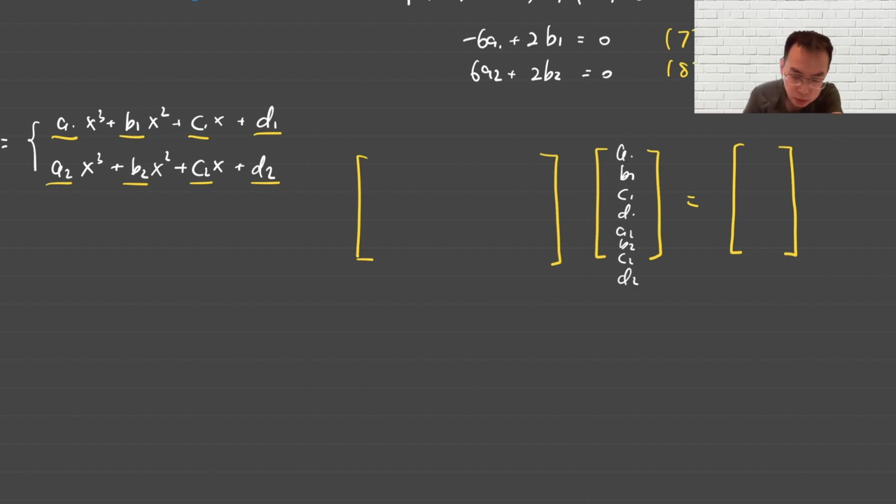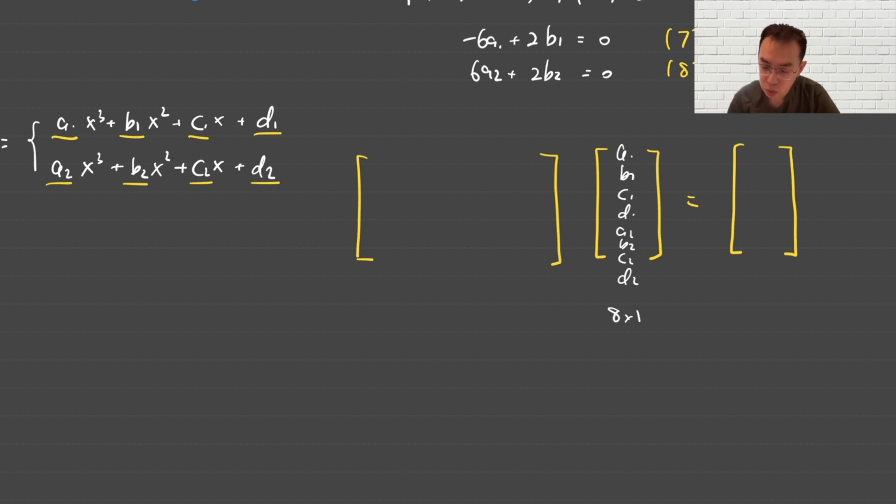So this is going to be a times this vector. I'm not going to write out the full thing, but you can definitely translate each of the equations, putting the corresponding numbers in here, and then solve this as a linear system. That's how we solve for the coefficients of the cubic spline.